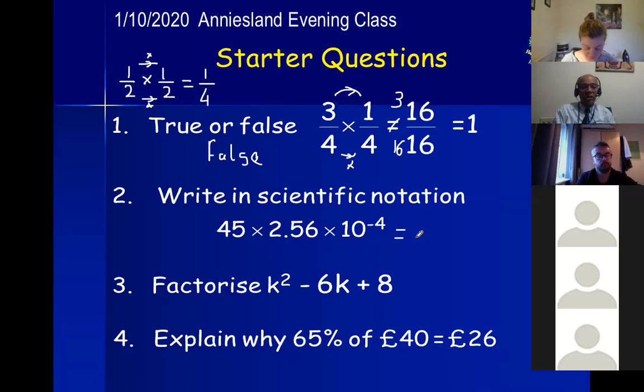If you use your calculator, you'll find at the bottom there's an x, 10 to the power x. So you type 45 times 2.56, and then you hit that 10 to the power x, and you put the -4.